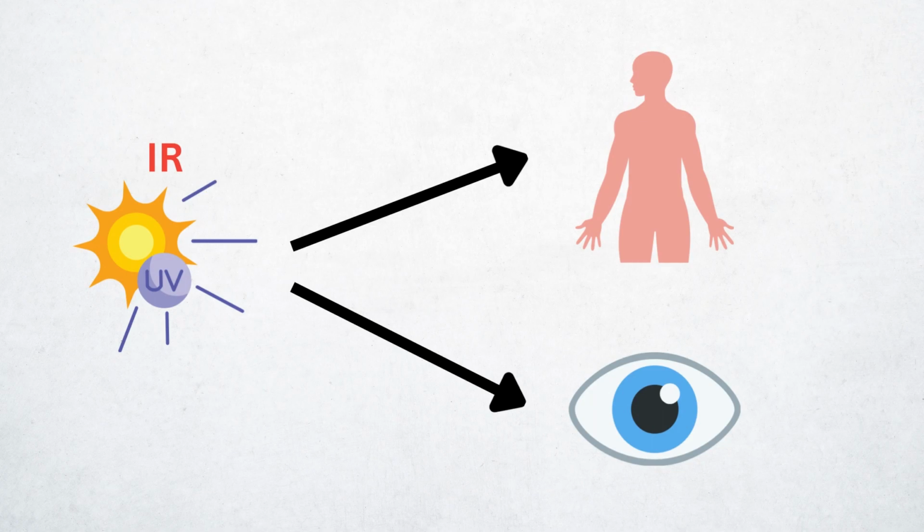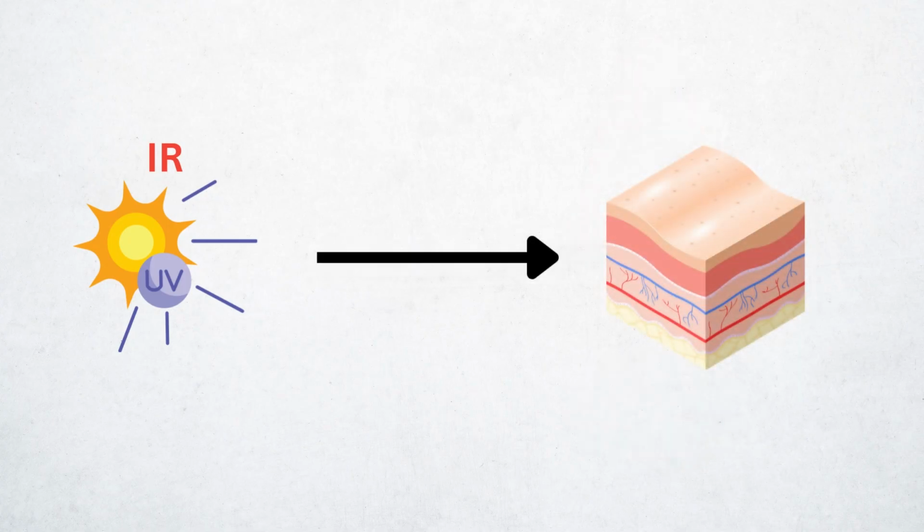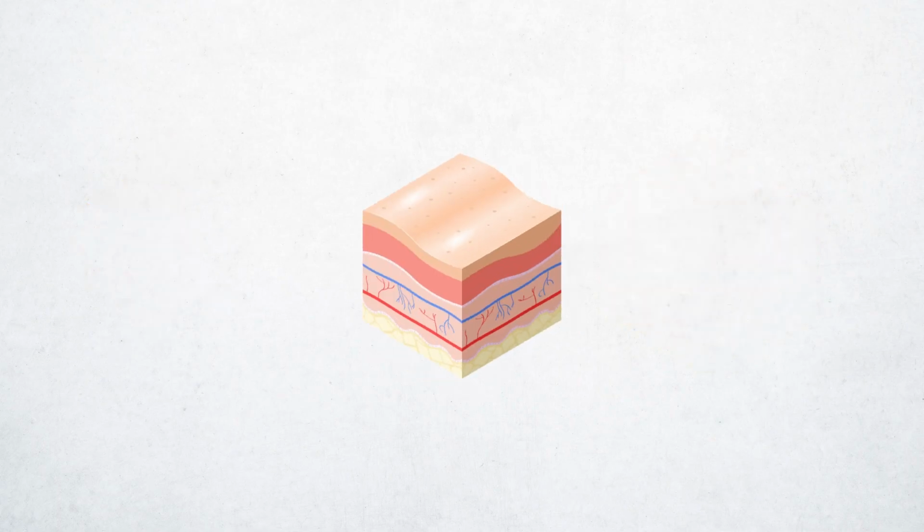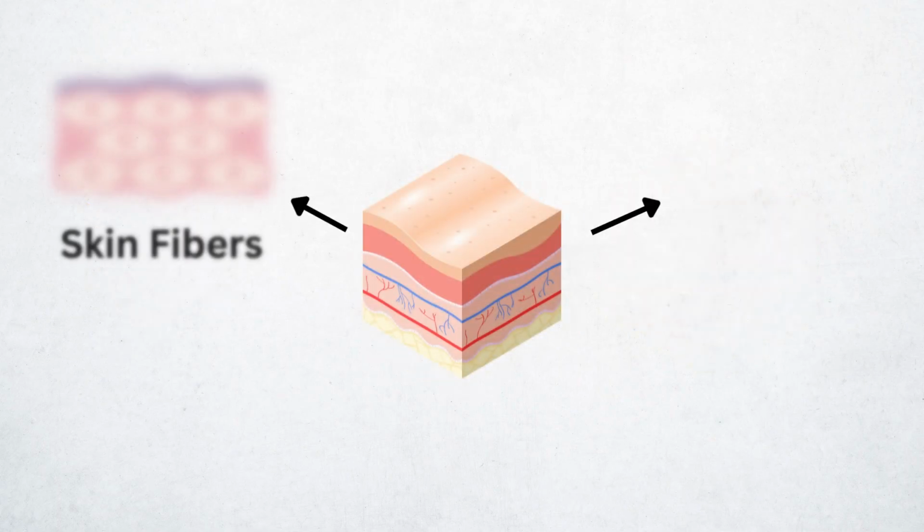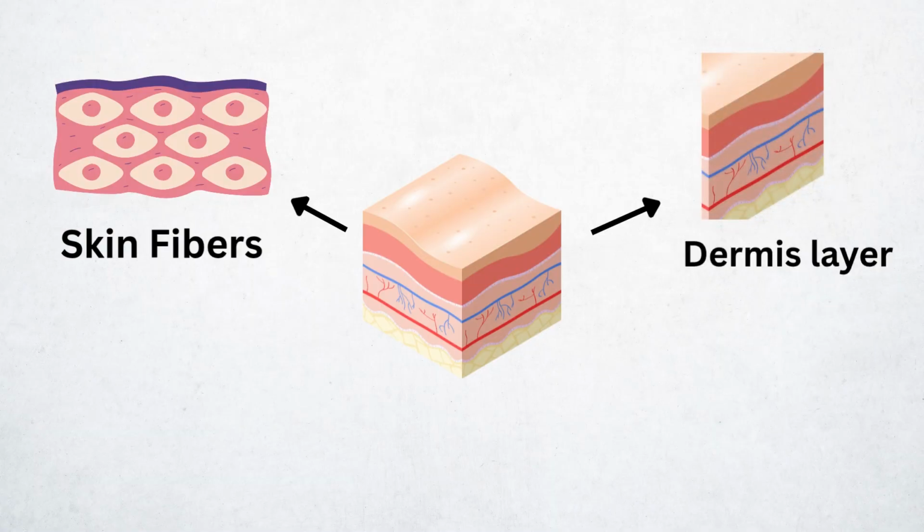So now the question is, what does sunlight really do when it interacts with humans? UV and IR can be partially reflected from the outer surface of the skin and eyes. As it penetrates the tissue of our skin, it can be scattered in various directions, even backwards. Those separations happen due to the microscopic particles and structures such as fibers that are present, for example, in the dermis of the skin.